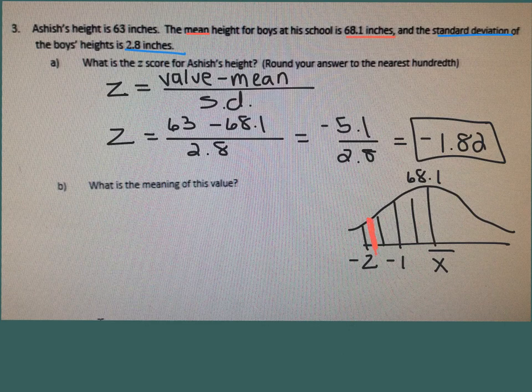It falls at 1.82 standard deviations below the mean. So he's below average in height. When it says in part B, what is the meaning of this value, you could just write out: Ashisha's height is approximately 1.82 standard deviations below the mean.